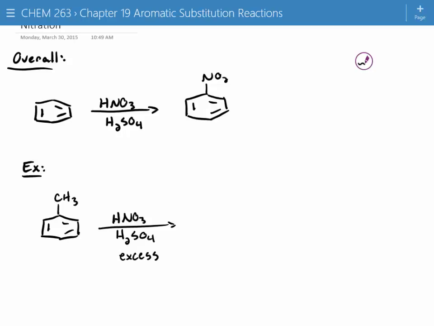So we are actually going to install more than one nitro group. You'll get a nitro group installed in the ortho and para positions on this ring. Why is this reaction beneficial?